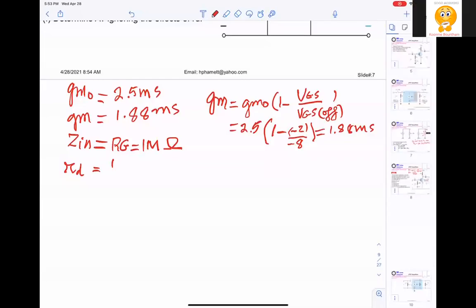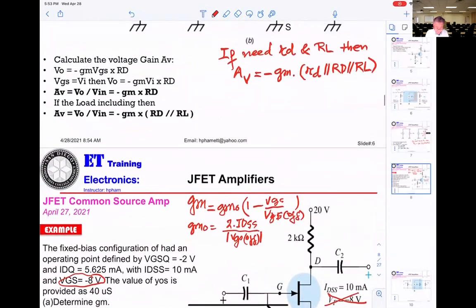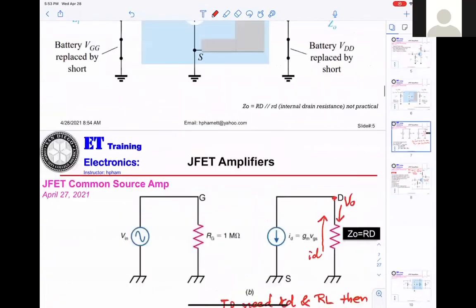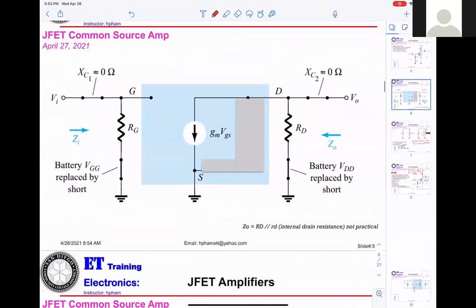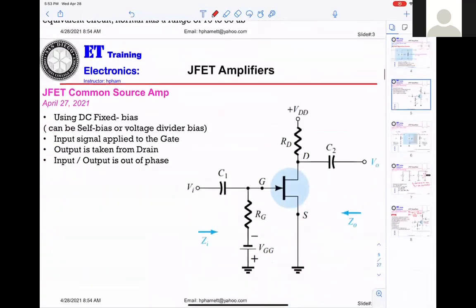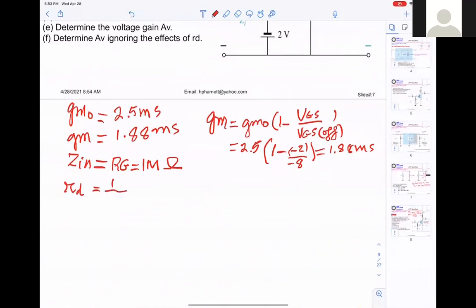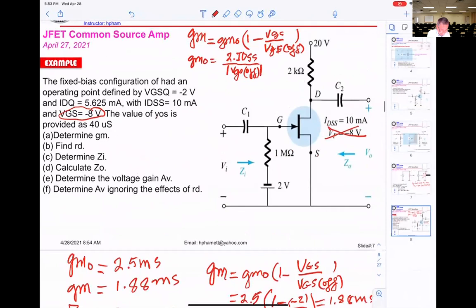RD equals 1 over lambda OS. Add what they gave you, 40 microsiemens, right here.